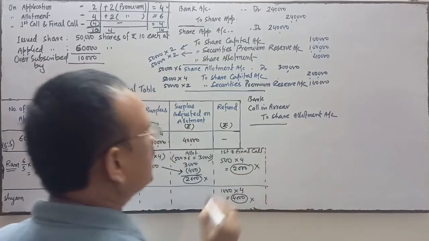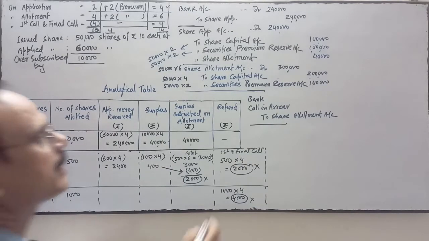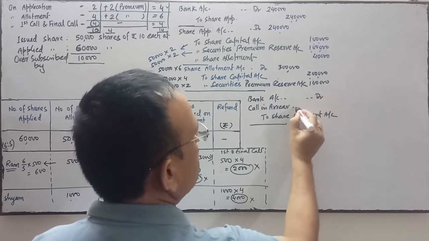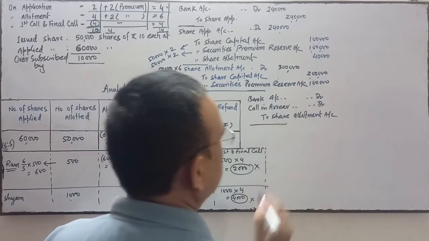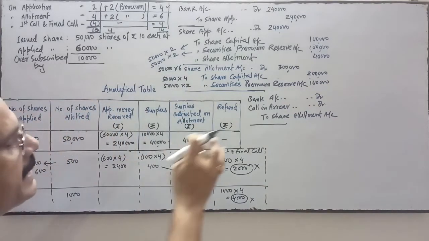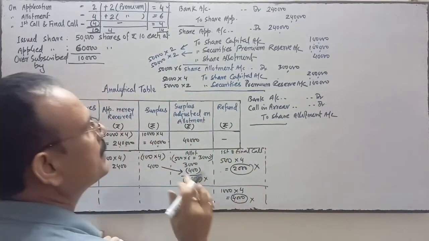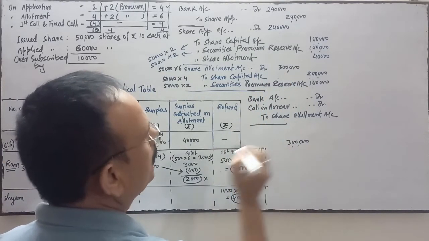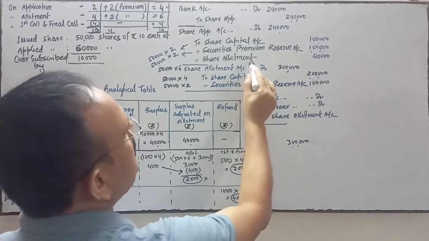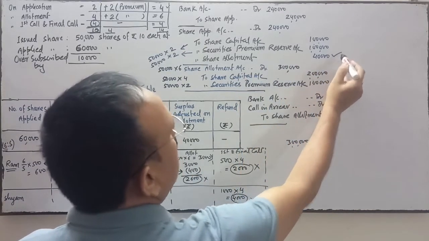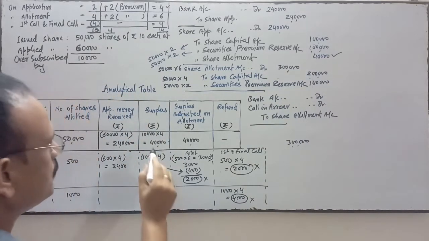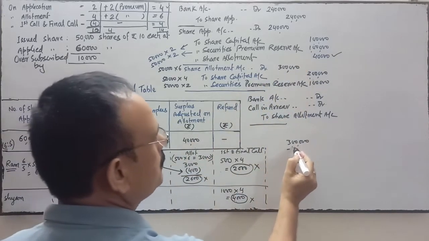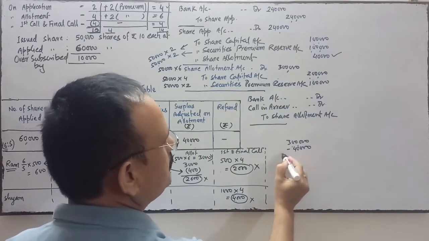Okay, so in the share allotment we have to credit which amount? 3 lakh is debited over here. This is the due amount, due on allotment. Out of that, this much amount is already credited at the time of application. This is already adjusted on allotment. So this amount is not going to be paid by the shareholder because he has already paid it.